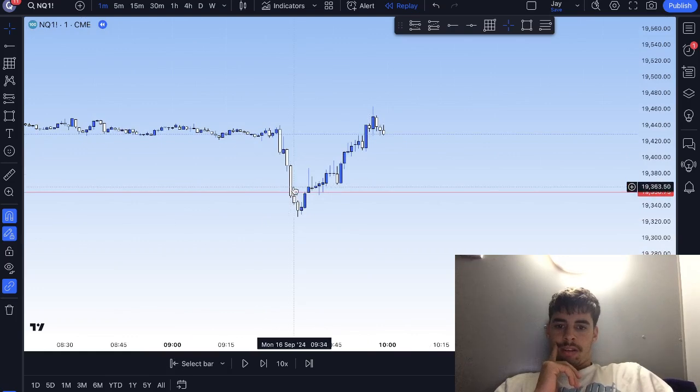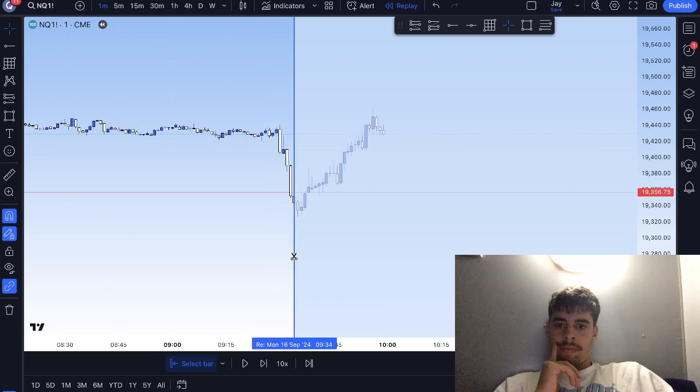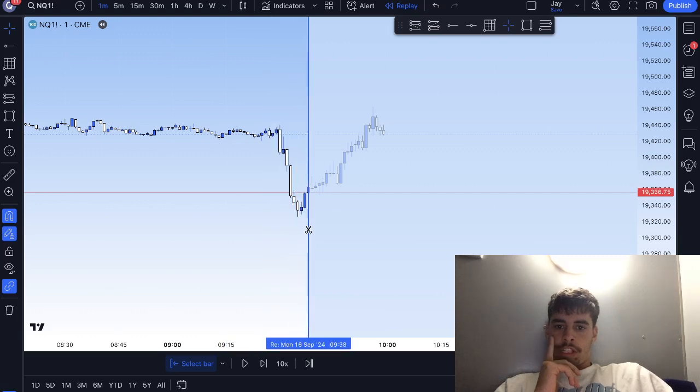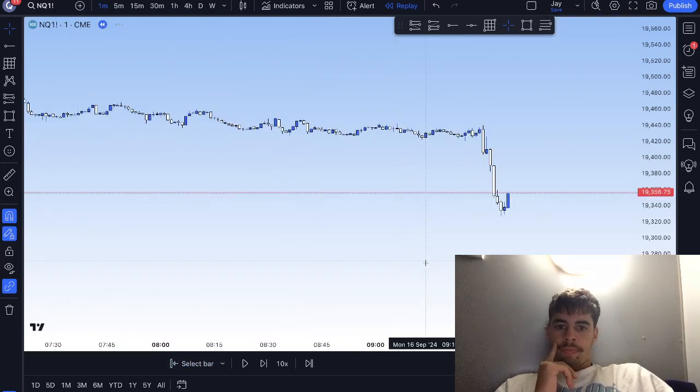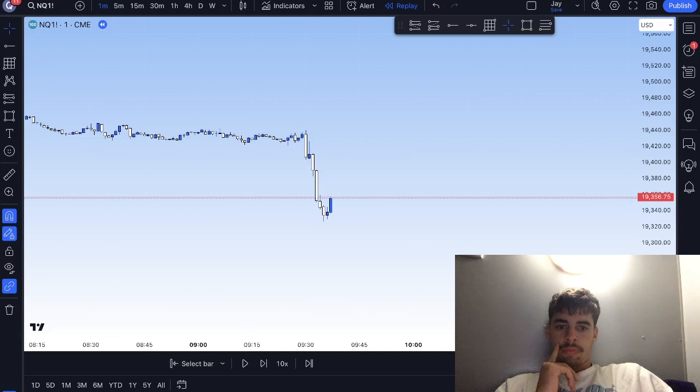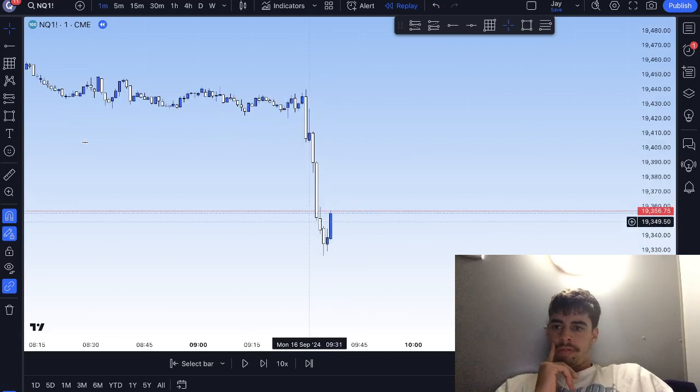Just taken at market open. Inverse this fair value gap.